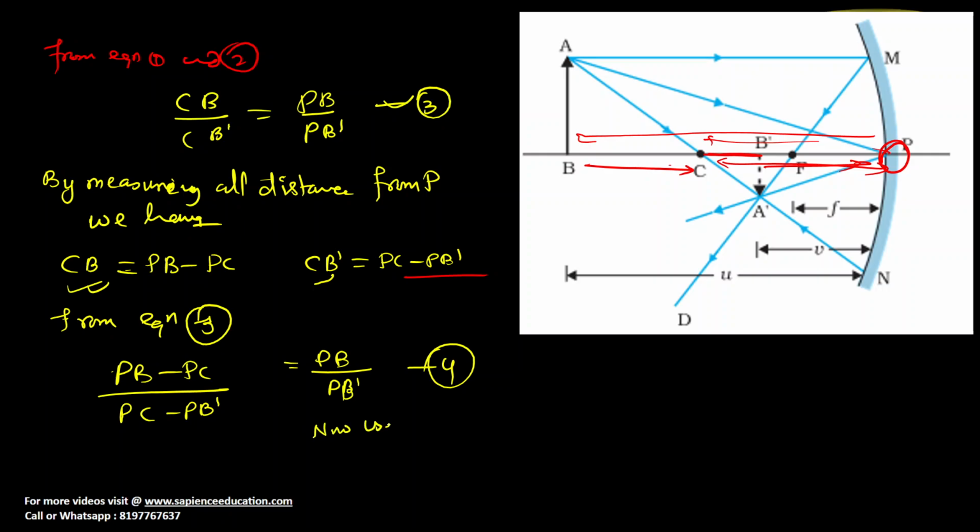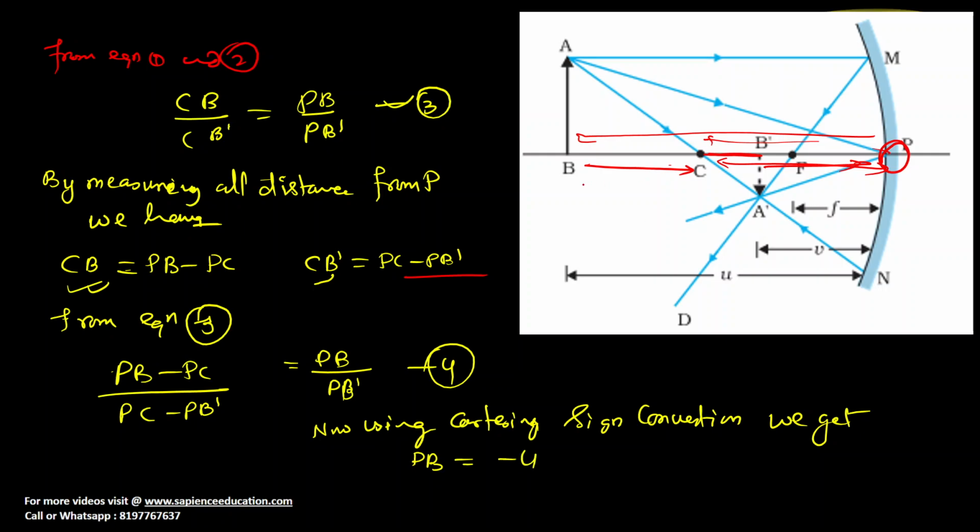Now using the Cartesian sign convention, we get PB is equal to minus U. When we talk about this PB, this is an object, so the object distance is minus U as per the sign convention.